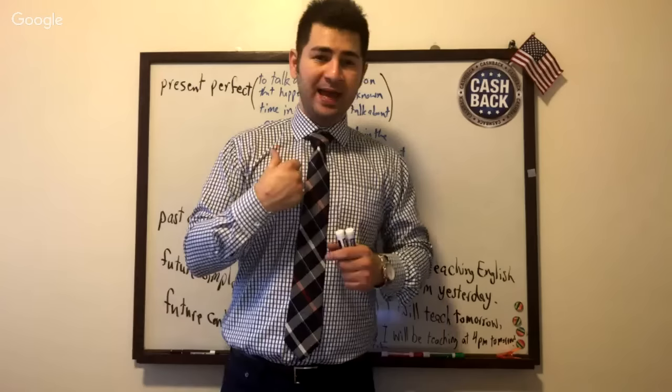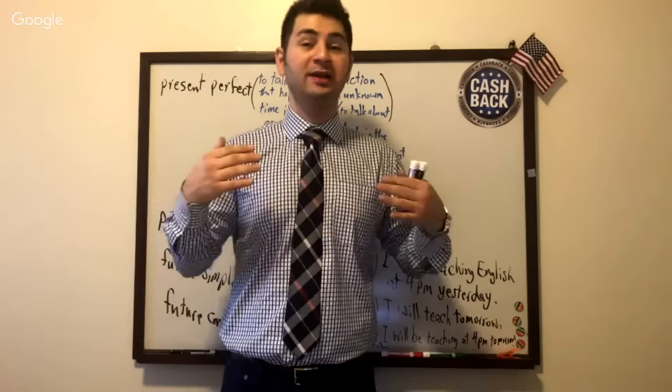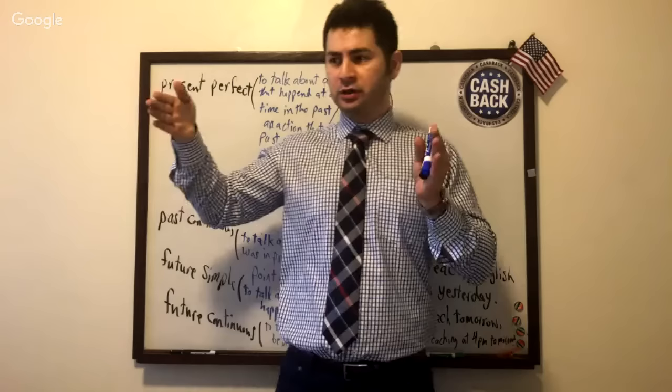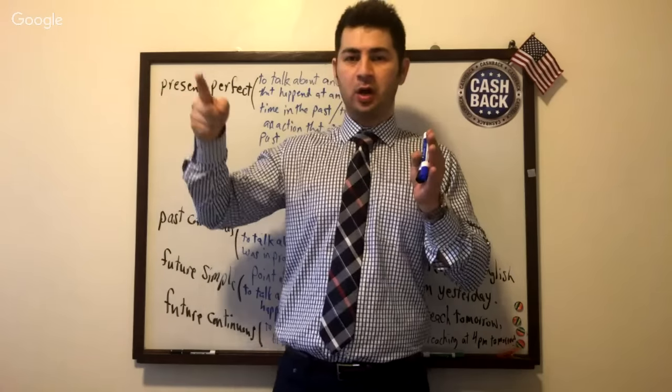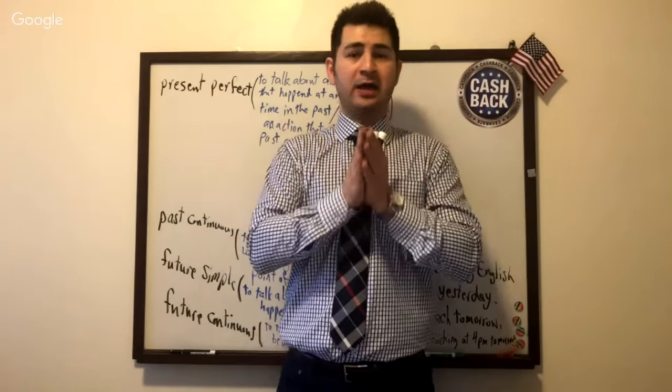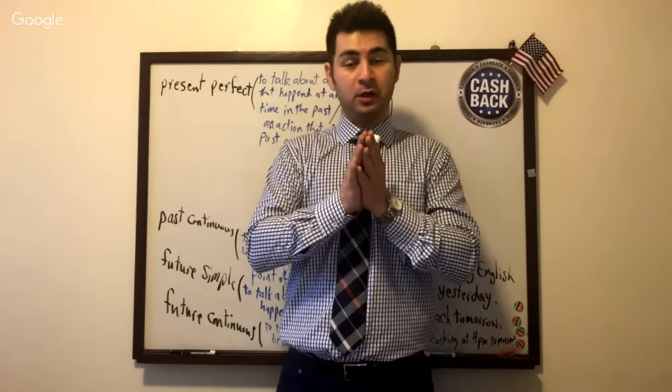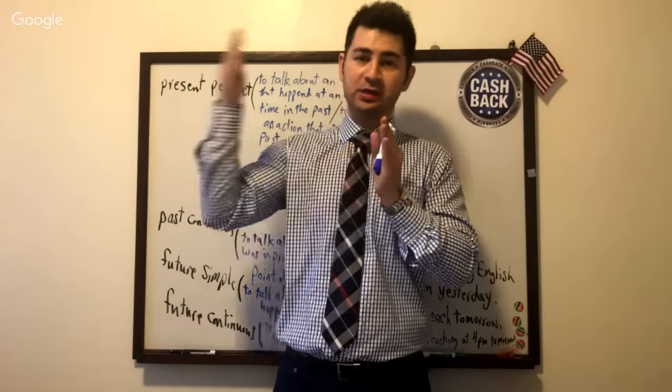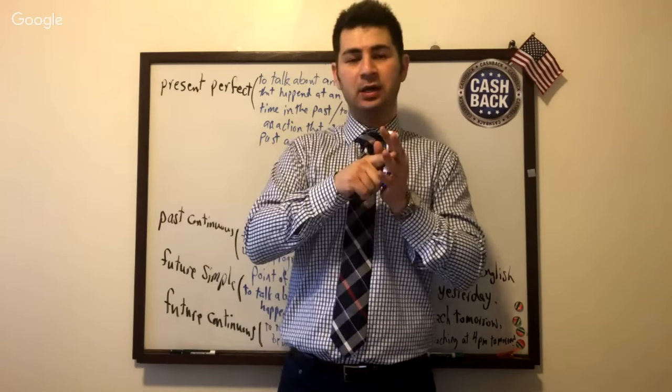So I started teaching English 10 years ago. I started teaching, and I taught, and I taught, and I taught. I'm still teaching. It's an action that started in the past and continued.